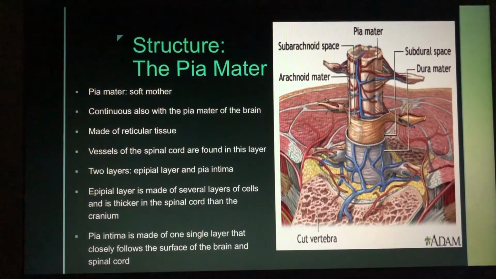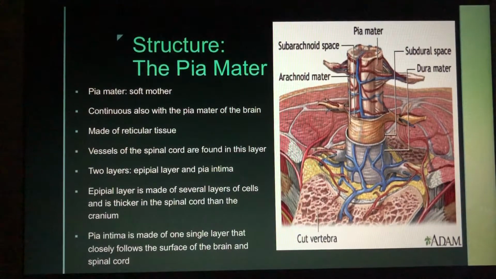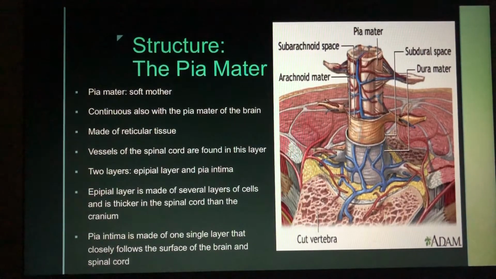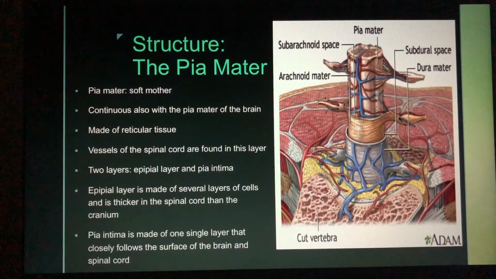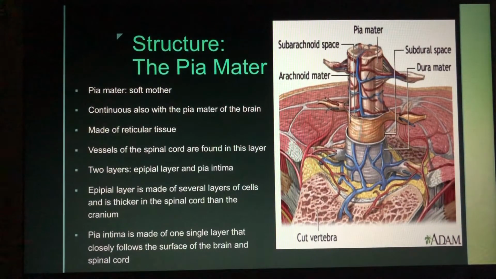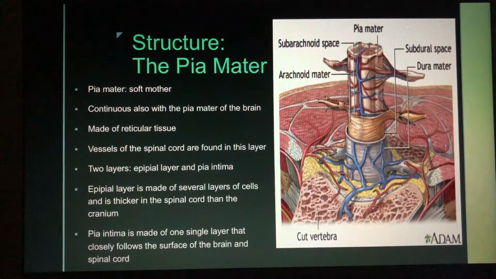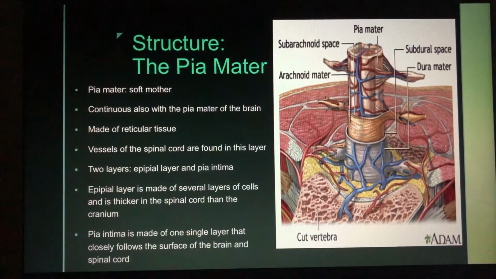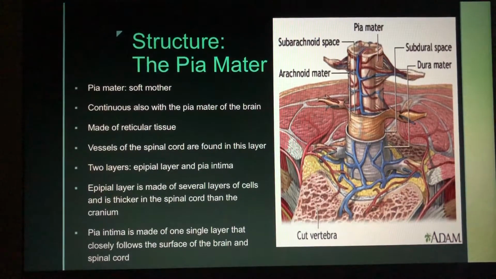This layer is thicker in the spinal cord than it is in the brain. The other layer that is closer to the spinal cord is called the pia intima. This layer is made of 1 layer of pia cells and collagen fibers.